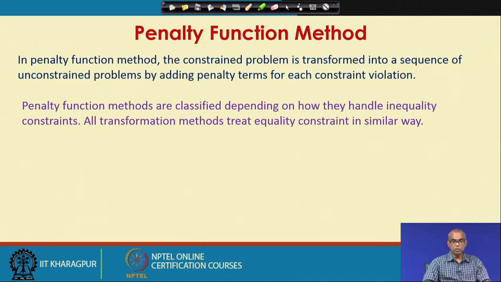The penalty function methods are classified depending on how they handle inequality constraints, because the handling of inequality constraints differs for different penalty function methods, but for equality constraints it is more or less similar.